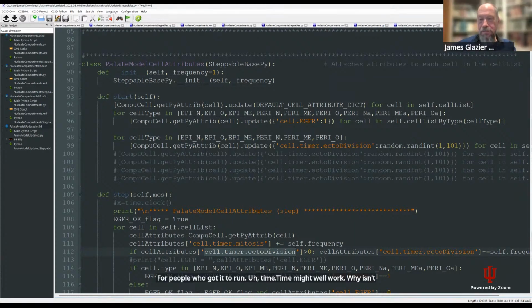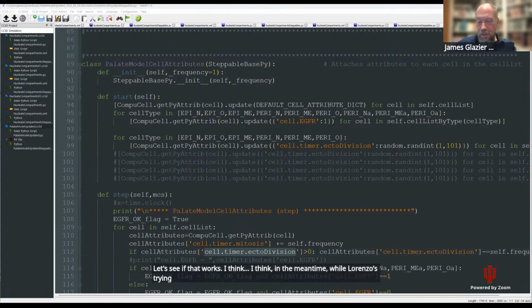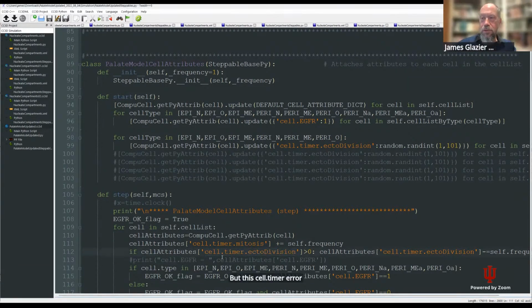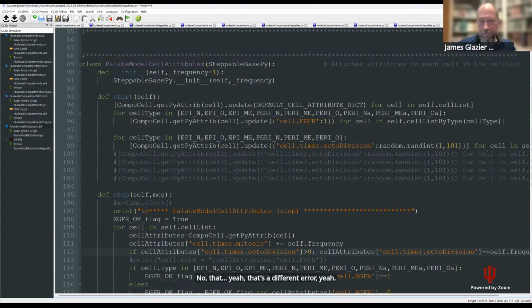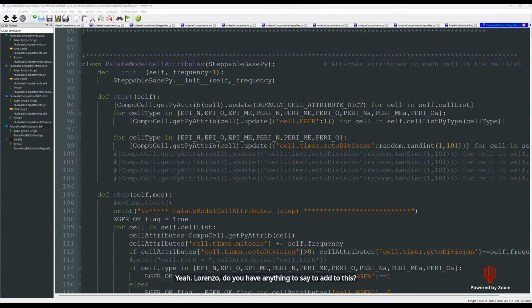Lorenzo, do you want to try that and see if that works? In the meantime, did the code run for you, by the way? This cell timer error shouldn't be dependent on that; that's a different error. Lorenzo, do you have anything to add? No, I wasn't doing the exercise, so I haven't downloaded or tested it.